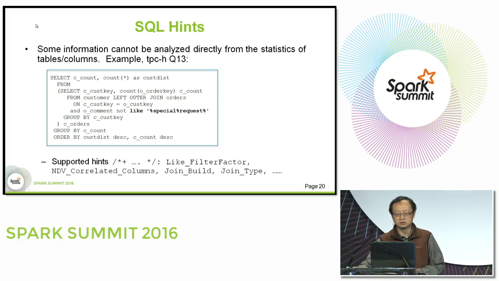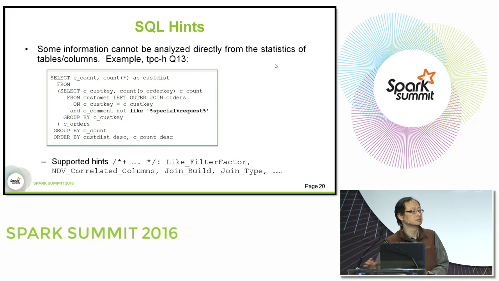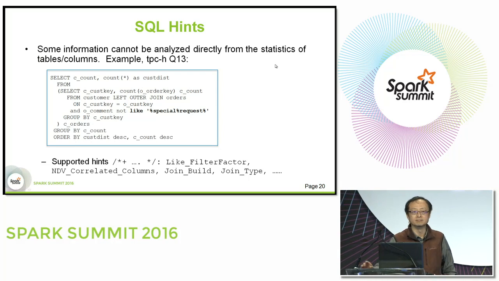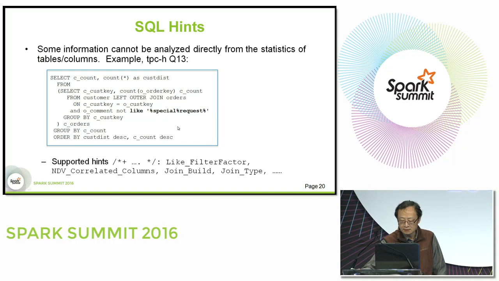Basically, some information just cannot be analyzed or computed directly from the statistics of the table and the column. Say, for example, TPC-H Q13. Here there's a condition, O_COMMENT not like '%special%requests%'.